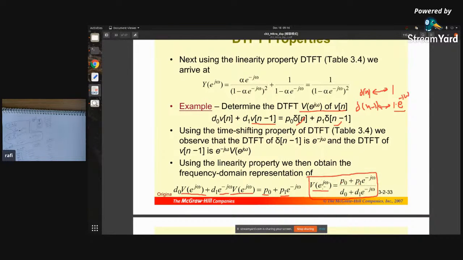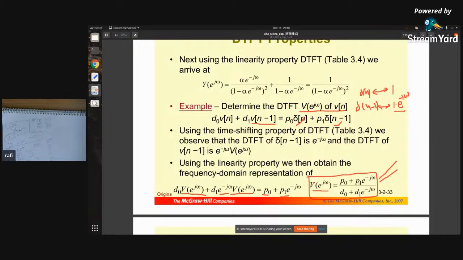So this is the DTFT V(e^{jω}) from this equation. Remember, we use this kind of thing in system analysis. In analyzing discrete time systems, we need to know the poles and zeros.